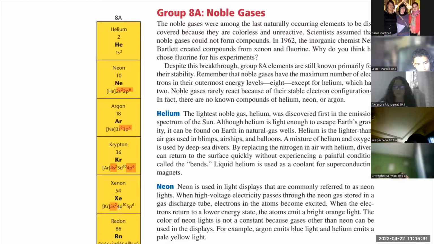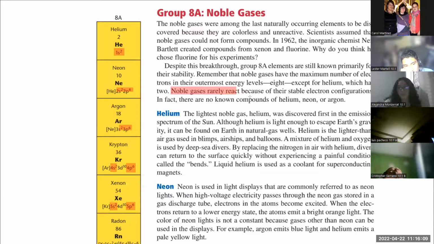Xenon, the outermost level is 5, and you have 8 electrons. Radon, the same, okay? But what happens with helium? Helium is the exception to the rule because helium has only 2 electrons. So it is impossible for helium to have 8 electrons in the outermost level. So except for helium, the rest of the noble gases are going to have 8 electrons in the outermost energy level.